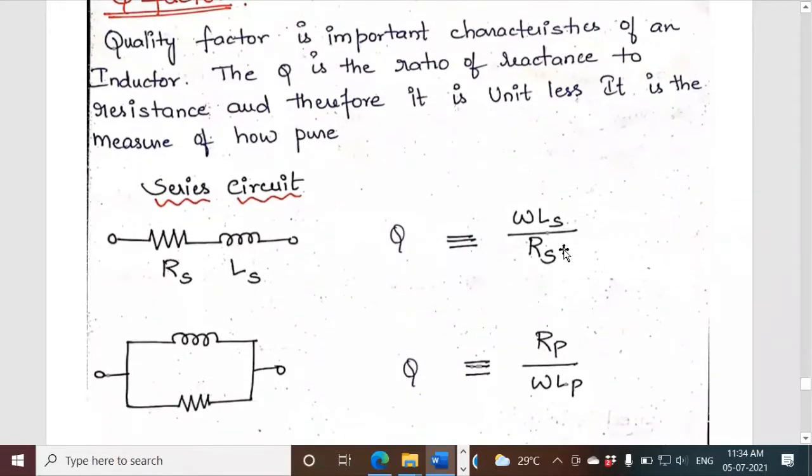Another important point: how will you take two impedances in series? The equivalent is simply the addition, Z equivalent equals Z1 plus Z2.